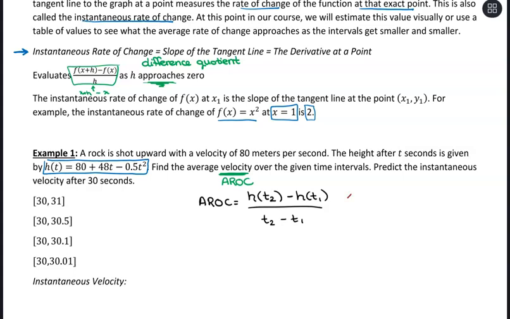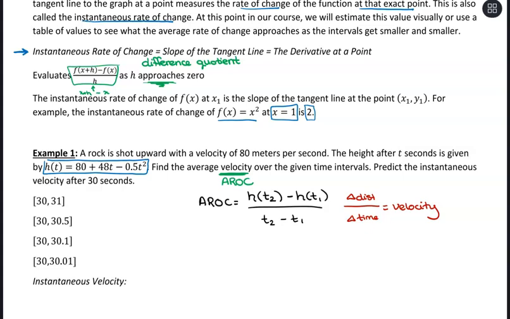So what we're seeing here is change in distance over change in time. And if you think of things that are distance per time, in this case, it's meters per second, feet per second, miles per hour, those are things that create velocity. So where it's using the term velocity, we can relate that to our average rate of change with this change in distance over change in time.